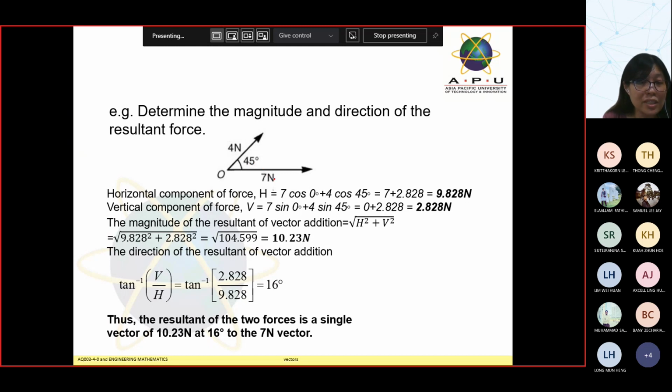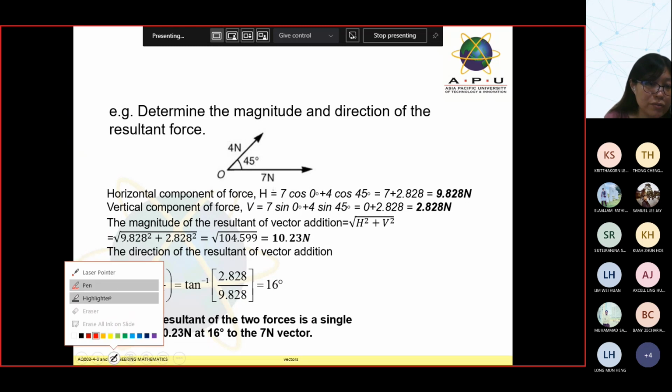The other one is 7 Newton, with the direction to the right-hand side, the horizontal. So now if I want to find the resultant force, then I need to find the horizontal component, the total horizontal component.